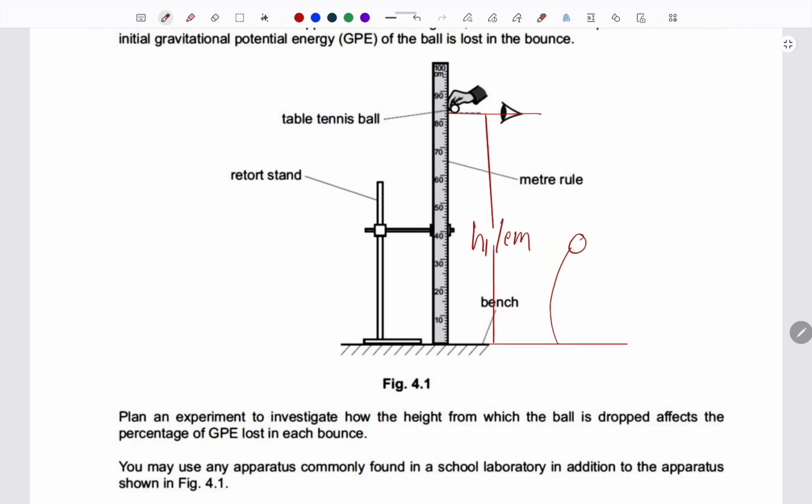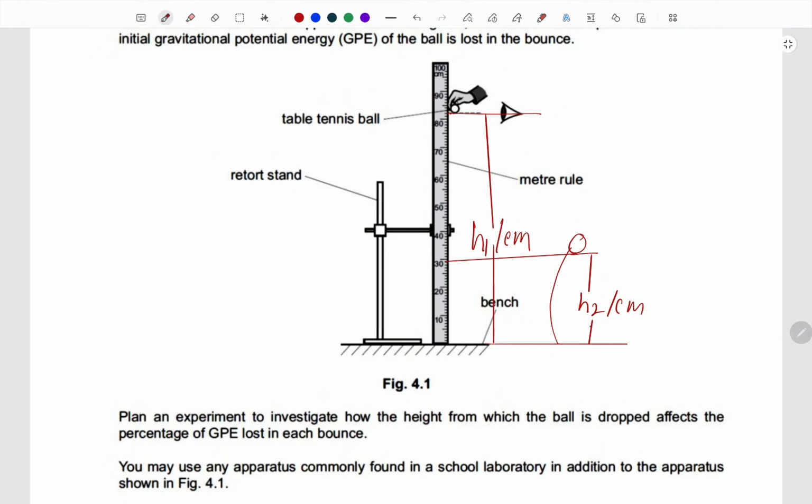So we need to calculate the rebound height from the bottom, because we are measuring the height from the bottom as well. Suppose this is h2 centimeter. So we got the two values.